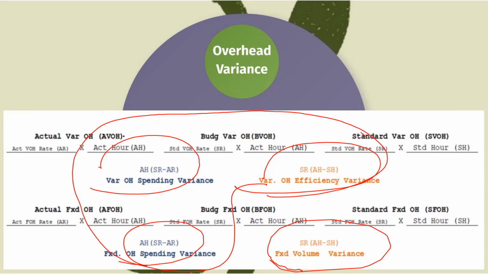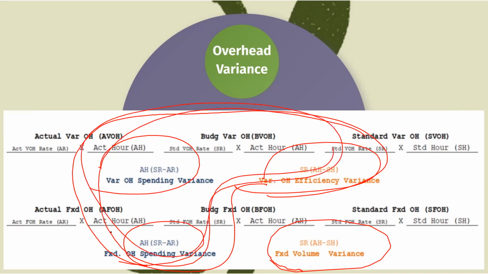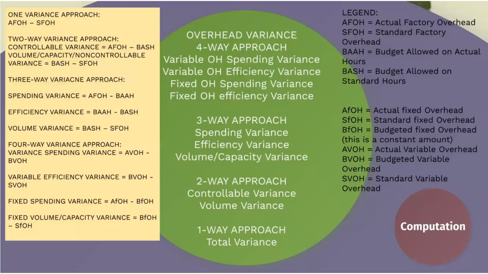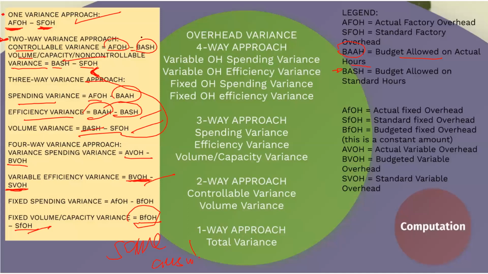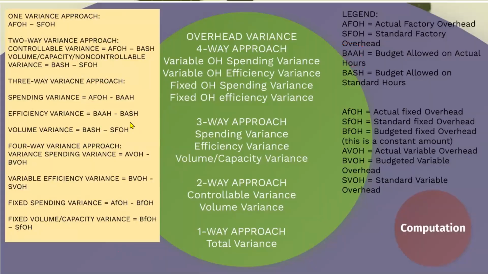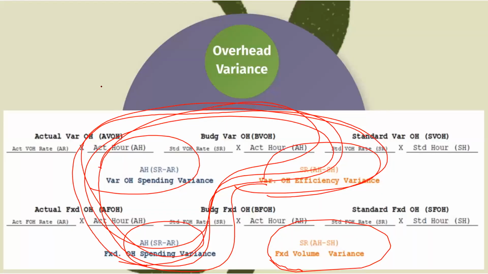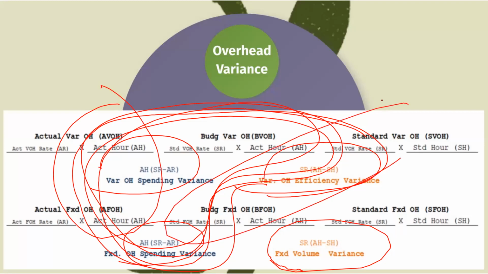Okay? Itong tatlong to, yung controllable variance mo, dapat parehas lang yung sagot mo kahit gamitin mo itong controllable variance natin na equation, which is your AFO, this one, actual factory overhead, and your BASH. Again, your BASH is this one. Okay?